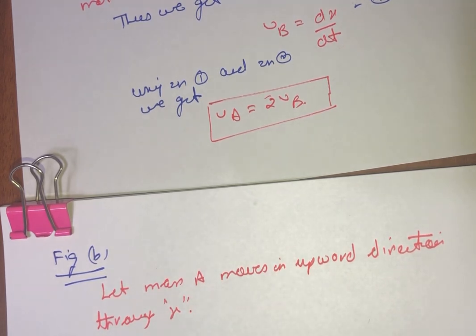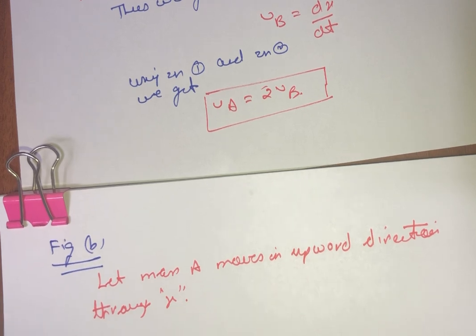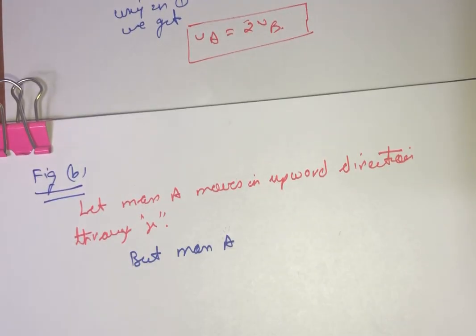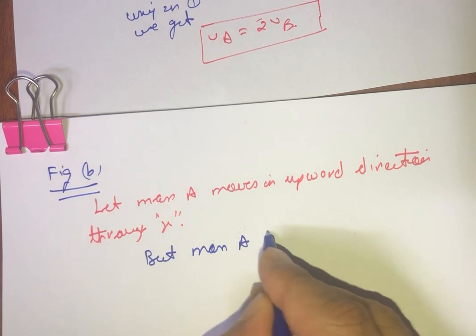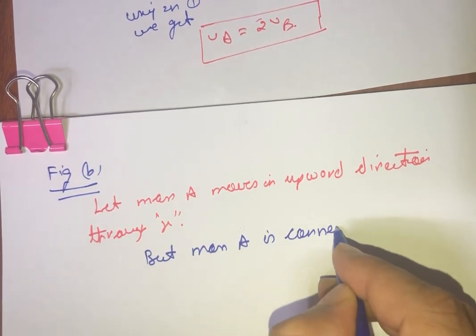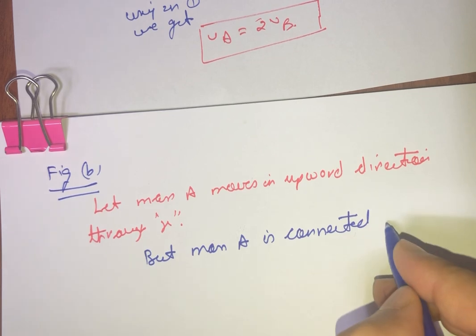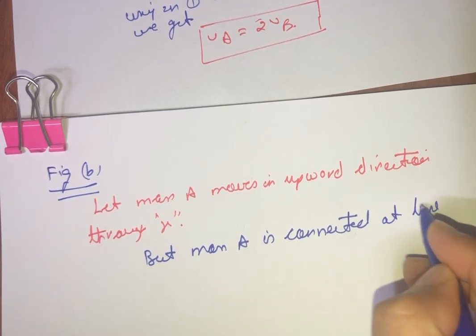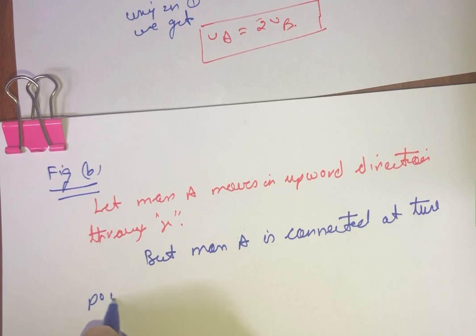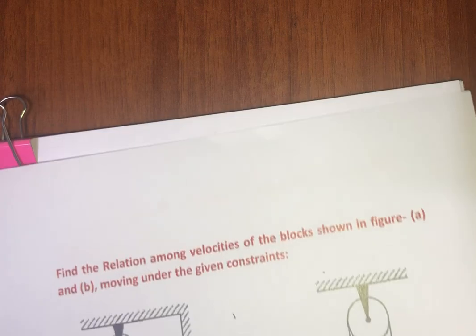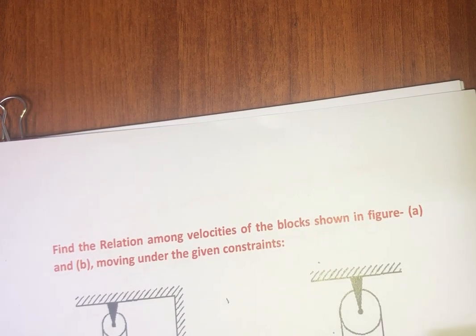Okay, but mass A is connected at 2 points. Okay, so let us say this point is called as first, and this point is called as second.